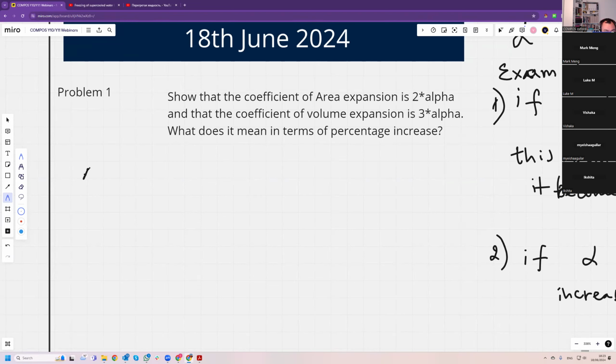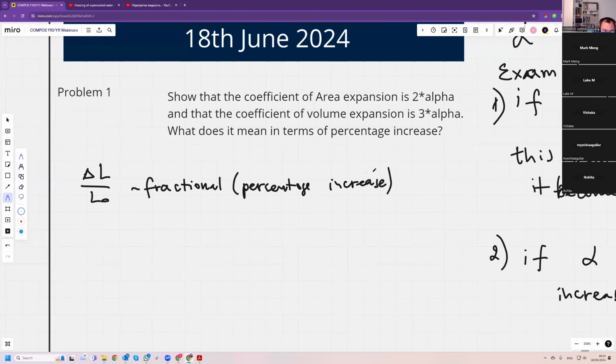Linear expansion is delta L divided by L0. So that's the fractional increase in length. It's a fractional or percentage increase.